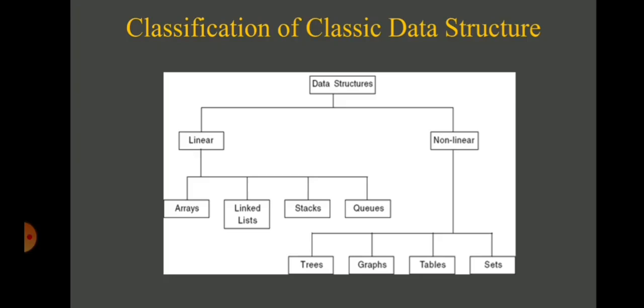What are they? They are linear and non-linear data structures. In case of linear data structures, all the elements form a sequence or maintain a linear ordering. On the other hand, in case of non-linear data structure, no such sequence in elements exists. Rather, all the elements are distributed over a plane.